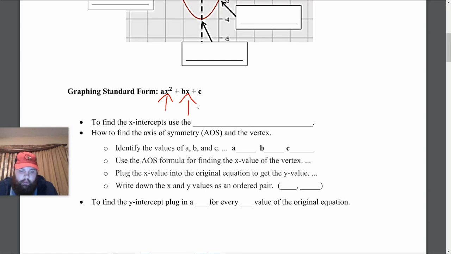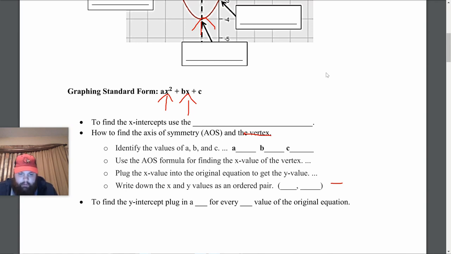And then finally, we get an ordered pair here, and that'll give us our vertex, which is what this is. So that was that point we can see right there. It's here at the very top. Remember, it's that lowest point or the highest point. It's right on that axis of symmetry, and that will be in ordered pair form. So that would be the x, y.